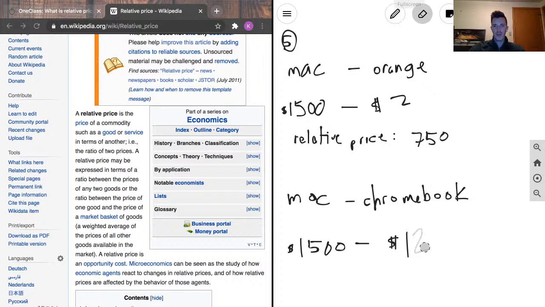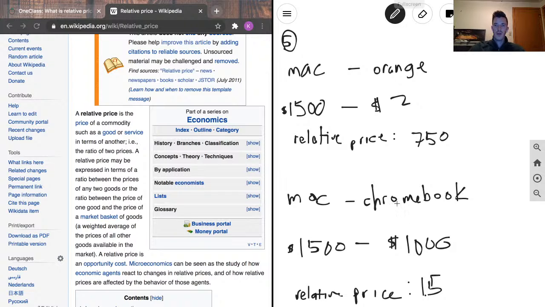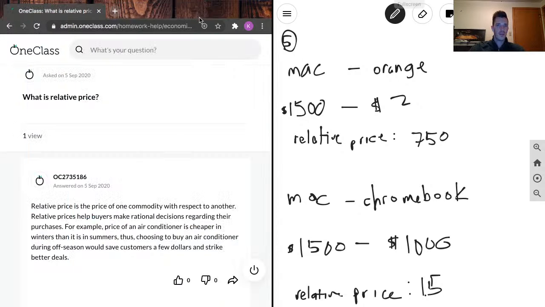Let me make that simple, I'll just say $1,000. In that case, our relative price would be 1.5. In other words, relative price is exactly how it sounds.